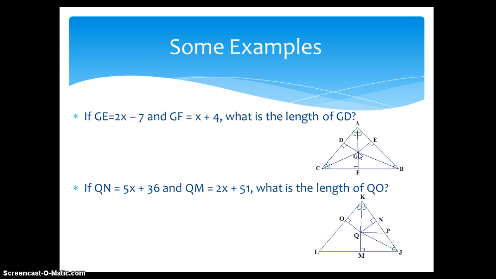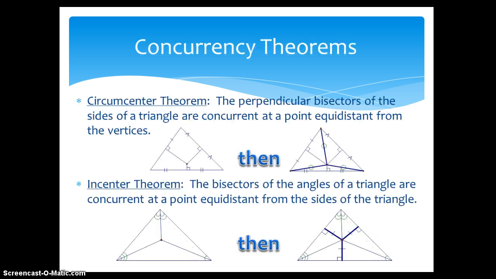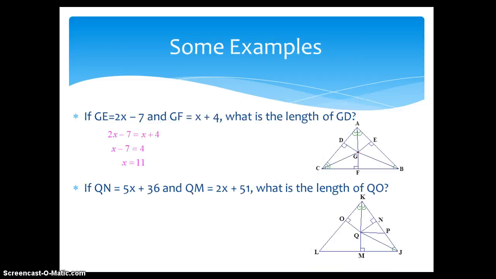The incenter is equidistant from the sides. So I know that these are going to be congruent. So x is 11. We plug that back in, and we get GF is 15. Now, how does this help us with GD? Well, we know GD is the same as GF. So that means GD is also going to be 15.